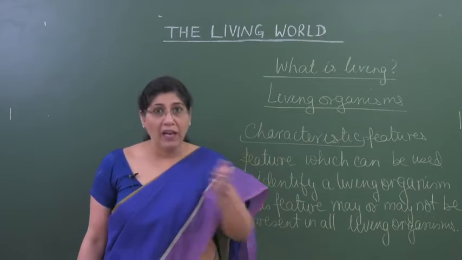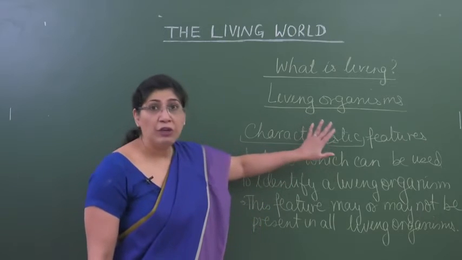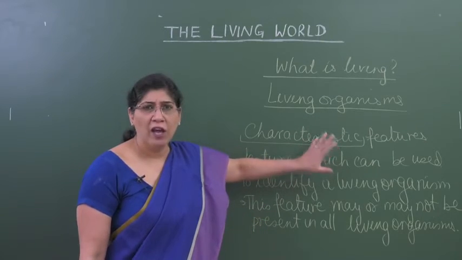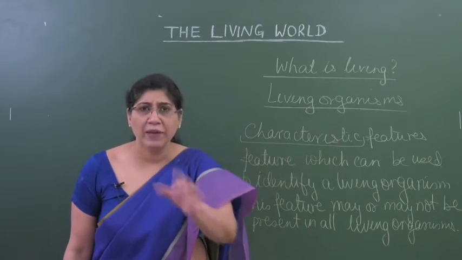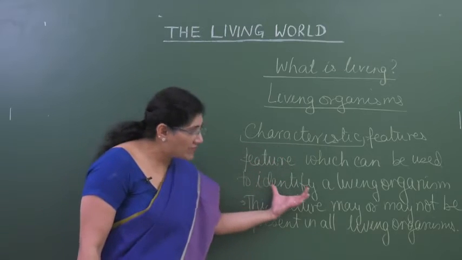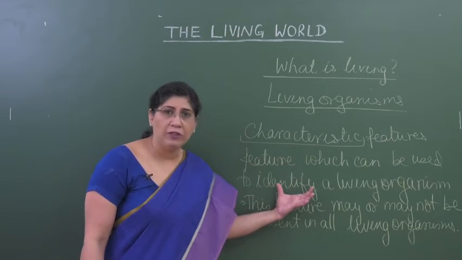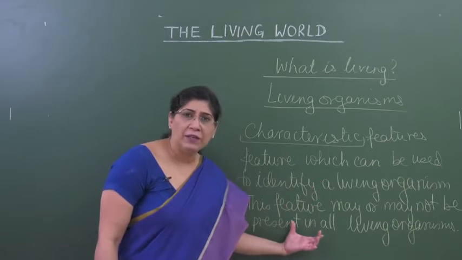Demarcate करना मतलब अलग करना. मैं इस फीचर को यूज नहीं कर सकती पिन पॉइंट करने के लिए कि यही लिविंग ऑर्गेनिज्म है. So a characteristic feature is present in living organisms, no doubt, but may not be present in all living organisms.